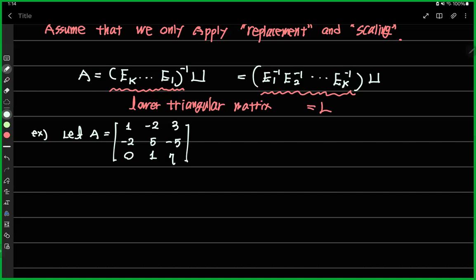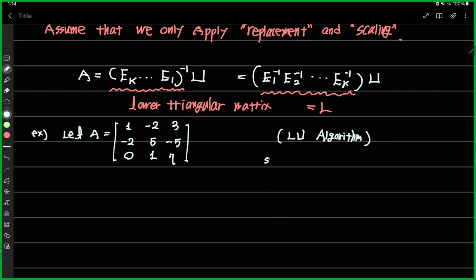Okay, so let me summarize. Let me figure out step by step how to compute LU factorization. Here is the LU algorithm. I'm going to find L and U following these steps.